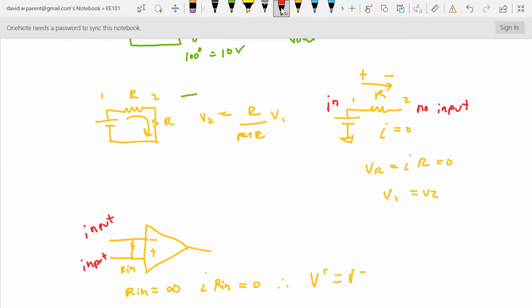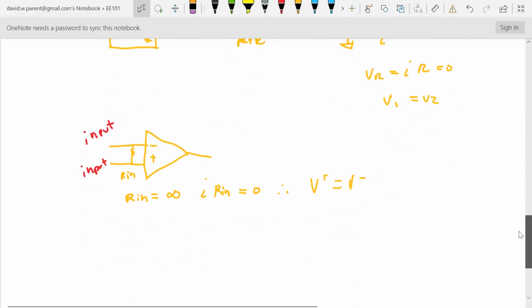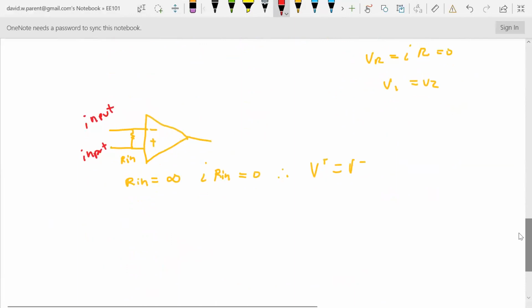I have a battery, and let's say it's at 9 volts, and I have a battery over here, and let's say it's 3. Well, just because I connect them with an infinite resistor doesn't make the 9-volt battery become 3 and the 3 become 9. It just defies any logical sense. Okay? Now, here's the thing. We're going to do an analysis that does show, for some conditions, V plus is approximately equal to V minus.